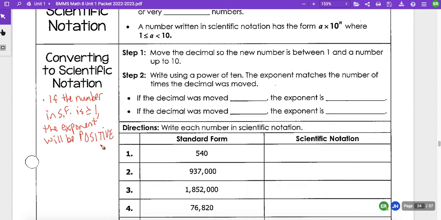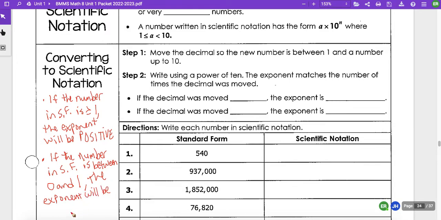And then if the number in standard form is between 0 and 1, the exponent will be negative.